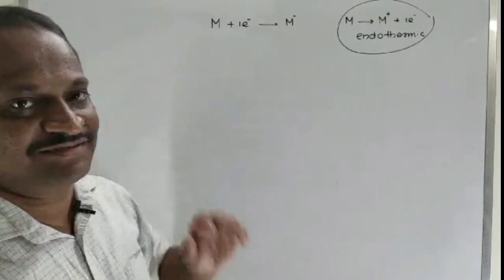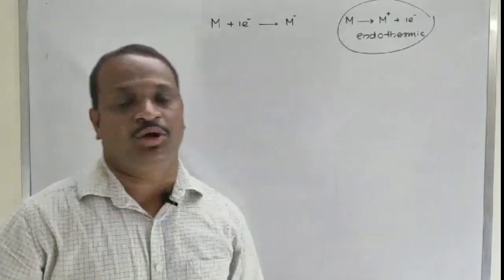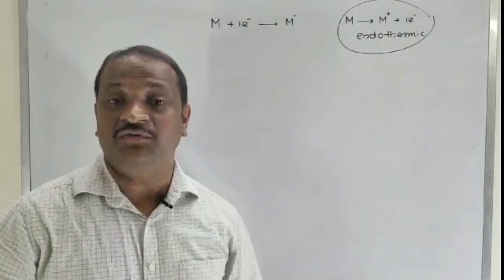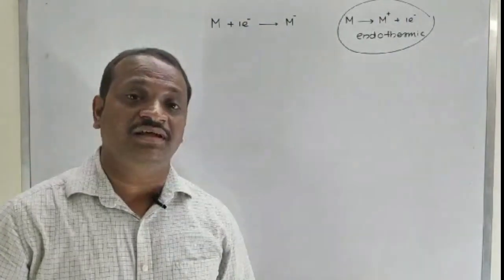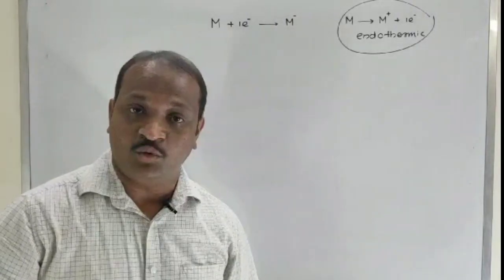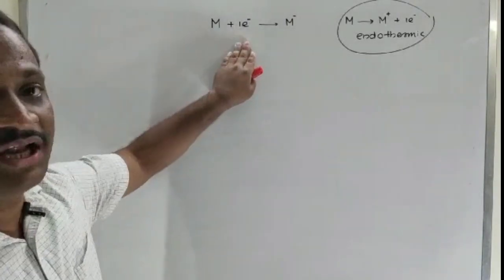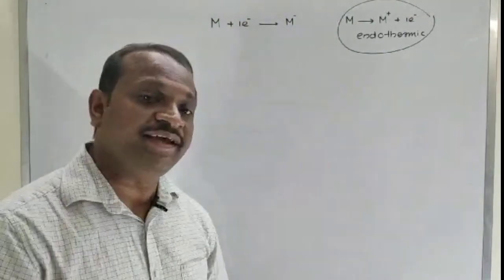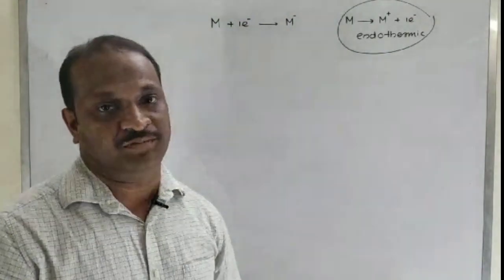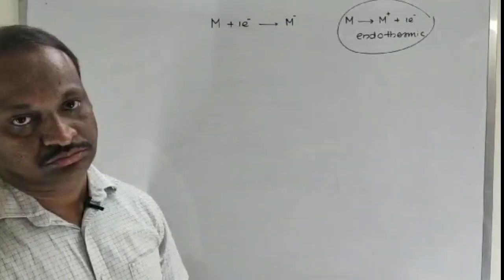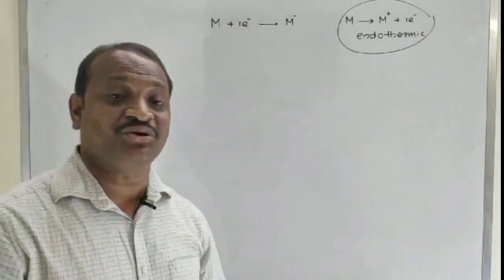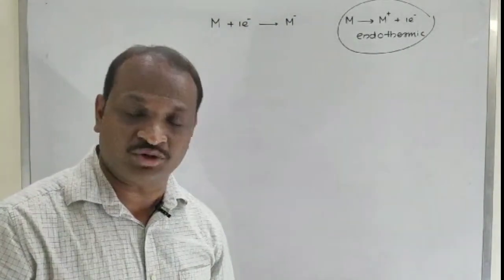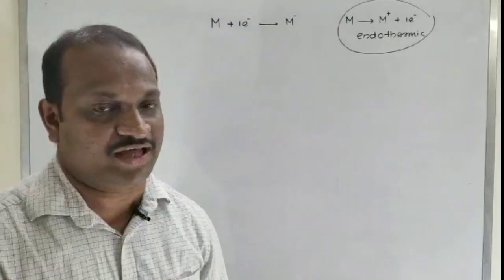But in this case, we have a slight problem. Generally we say this is energy released when an atom accepts one electron to give an ion. That's what is called electron gain enthalpy. So we may say that electron gain enthalpy is an exothermic process, but it's not always like that.